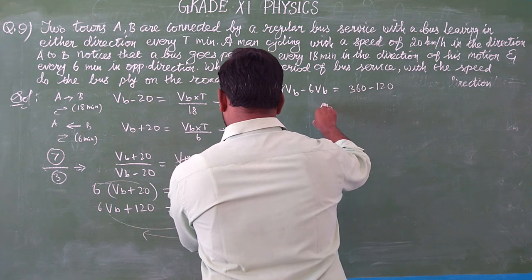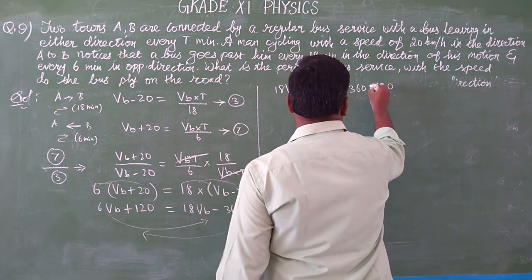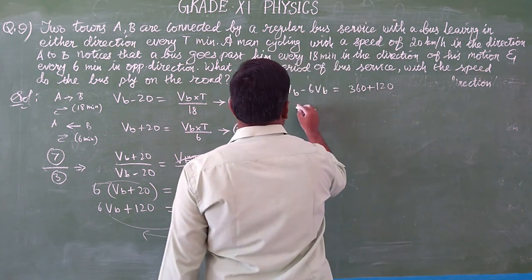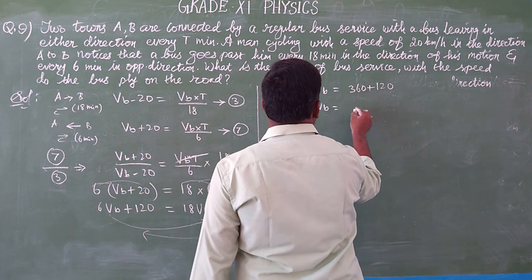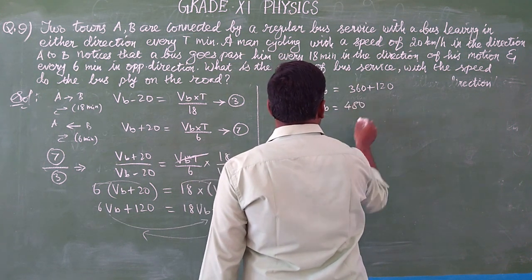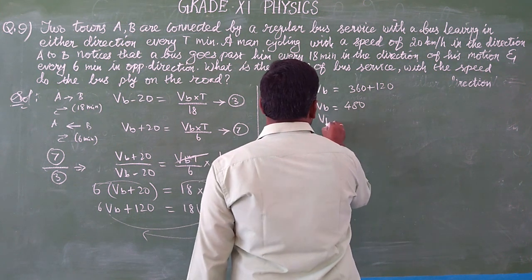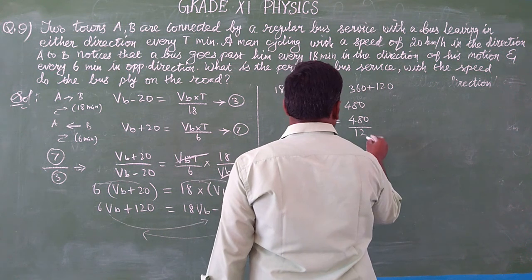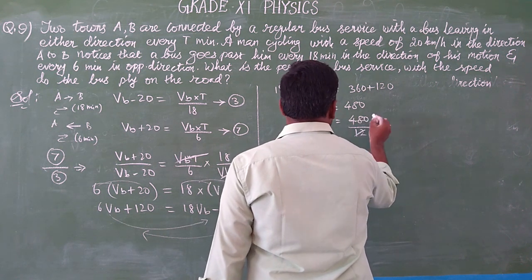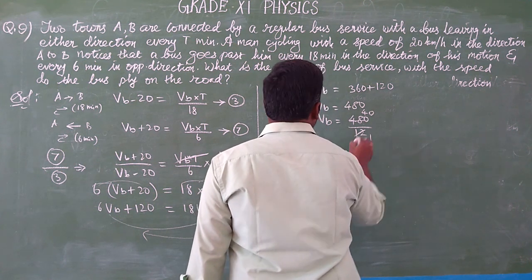Now from the subtraction, we get 12 VB is equal to 480. Therefore, the velocity of the bus is 480 divided by 12, so 40.